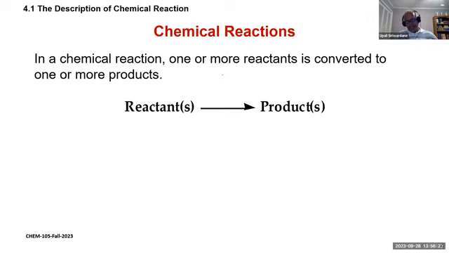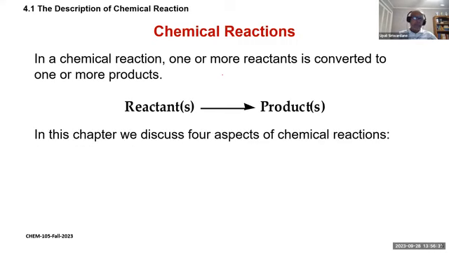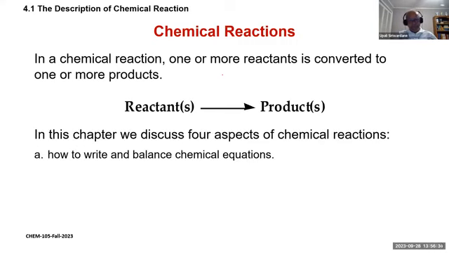All reactants and products are written in terms of the chemical formulas of the compounds participating in the reaction. So we discuss four aspects of chemical reactions: how to write a chemical reaction from words, converting names of the compounds to formulas, and how we balance the chemical reaction.